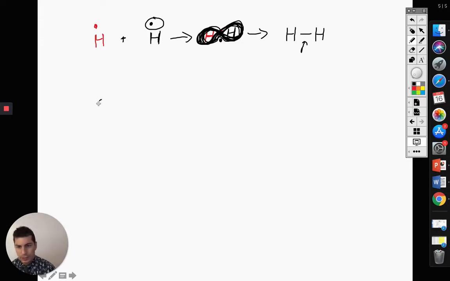Let's do an oxygen bonded with an oxygen. Let me change my colors up here so we can differentiate between things. So, oxygen bonded with an oxygen. Let's start with the black one. If you look at your periodic tables, it's going to have 6 valence electrons.